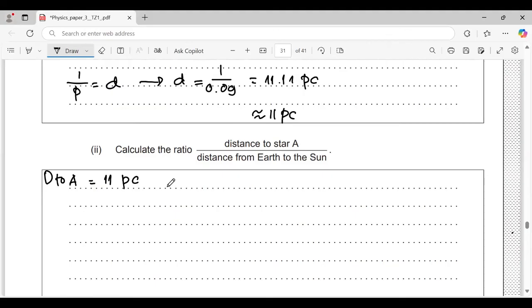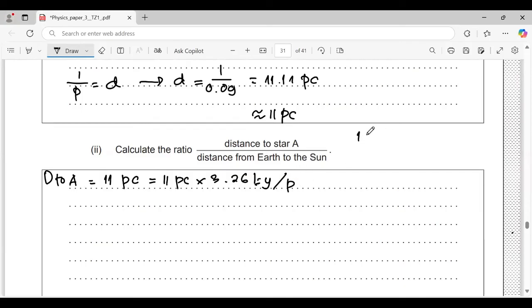We're going to convert from parsec to meters. So this is 1 parsec, 11 parsec times 3.26 light years. This is light years, okay?